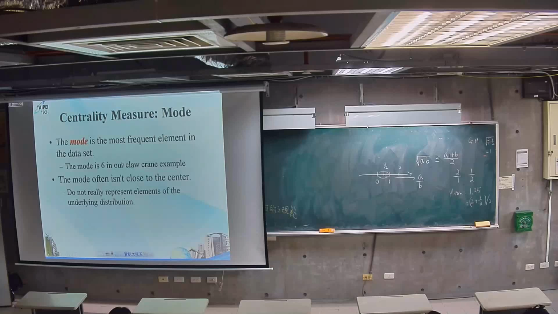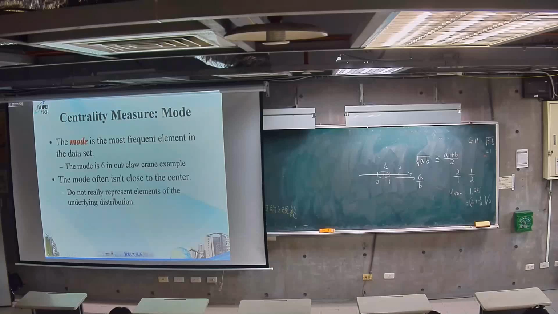If we consider the total number of credits used, 6 will be the mode because it happens most frequently. But it depends, because the mode may not be close to the center. In our example it could be, but in many cases, the mode may be far from the center.